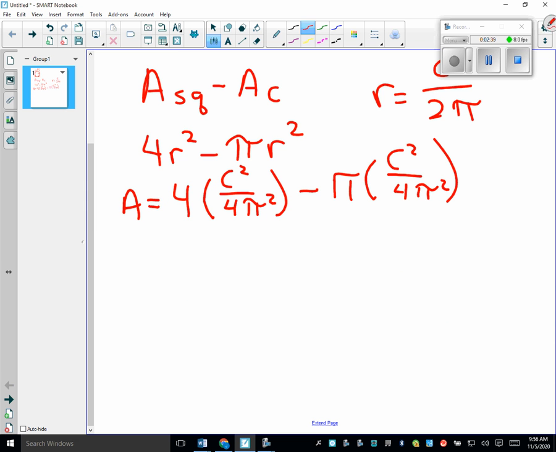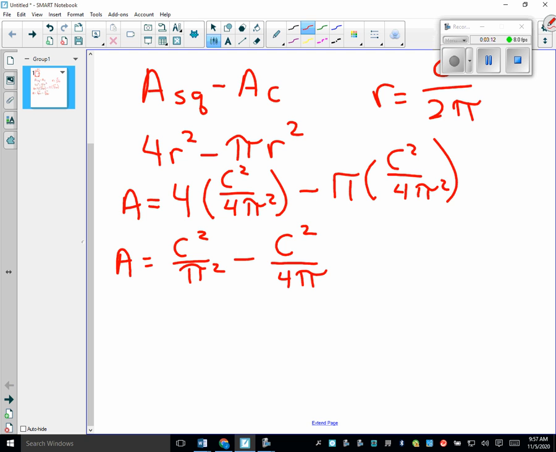I'm going to simplify it and take the derivative. To simplify it, my area is equal to c squared over pi squared minus c squared over 4 pi. What am I going to do now?